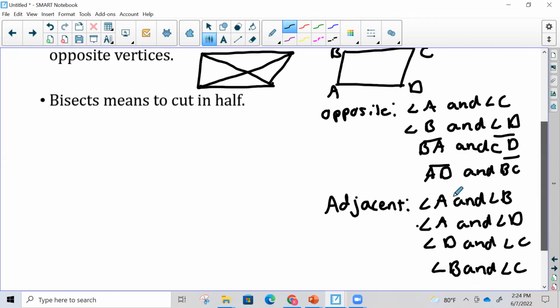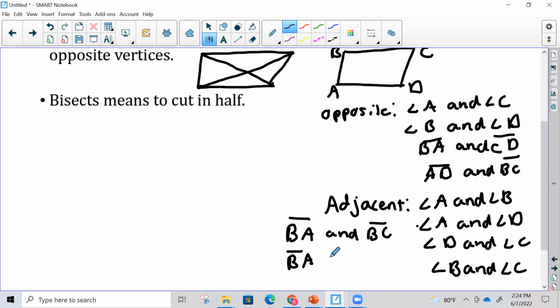If I was talking about sides, it would be kind of the same thing. They would be the sides next to it. So BA and BC are adjacent. That's this side and this side. They meet at vertex B. So they have to share a vertex if they're adjacent. BA is also adjacent to AD.